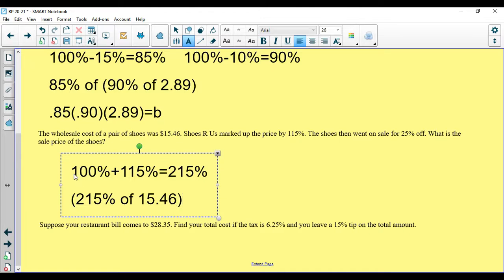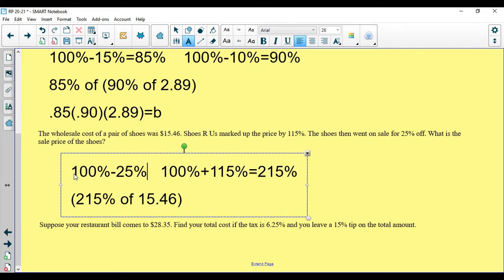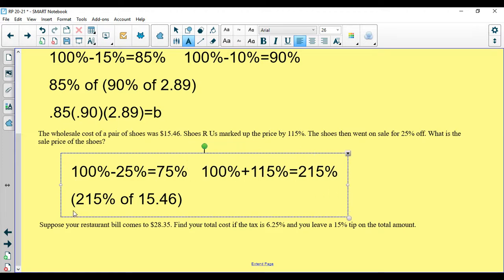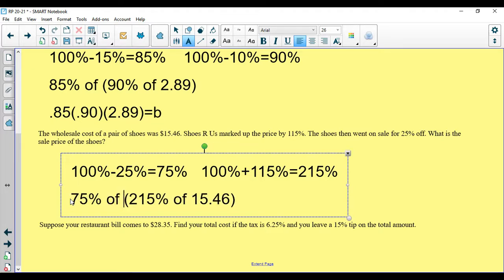So I need to then take 25% off of this 100% cost. Because this is 100% of what's getting the discount. So I started back at 100, not at 215. That leaves me with 75% of the 215% of the $15.46.